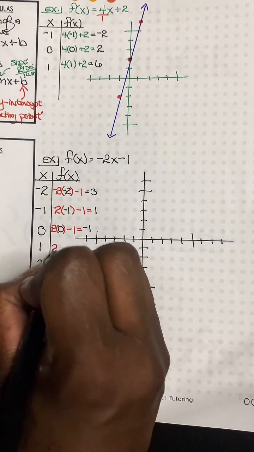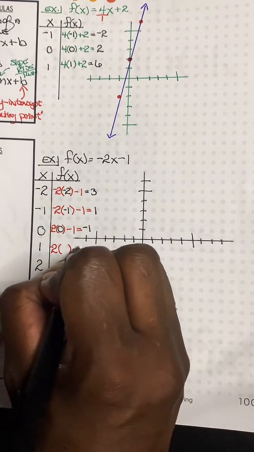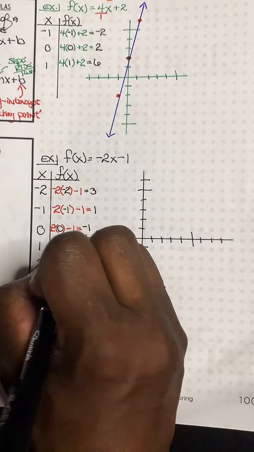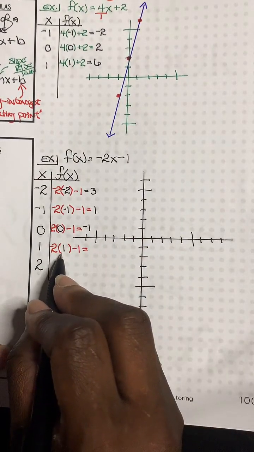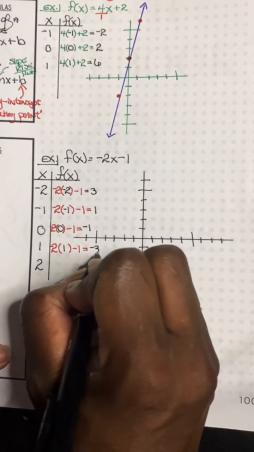If I substitute a 1 in for the x, -2 times 1 gives me -2, and -2 minus 1 gives me -3.